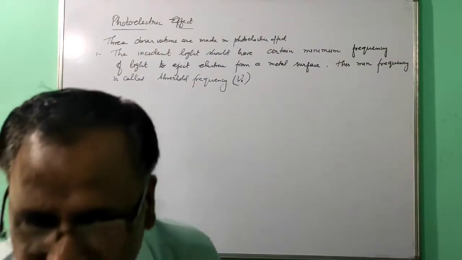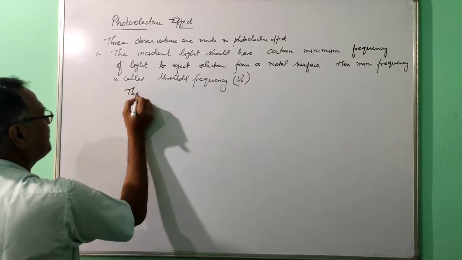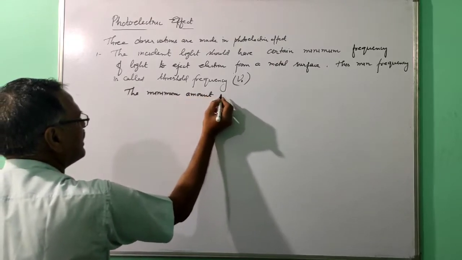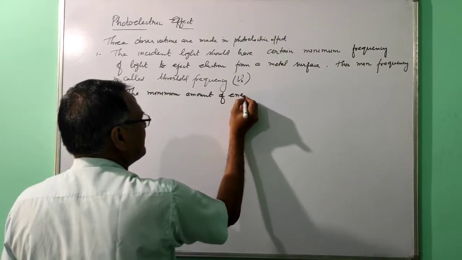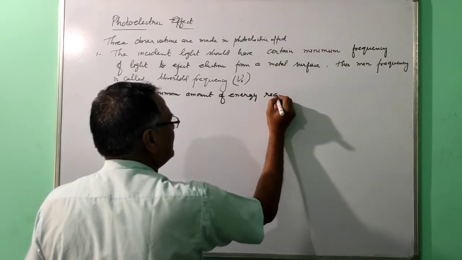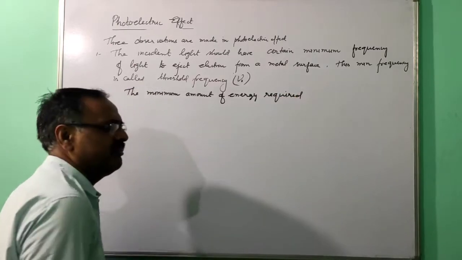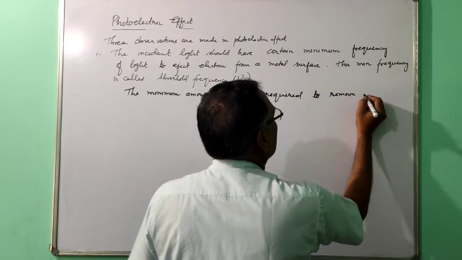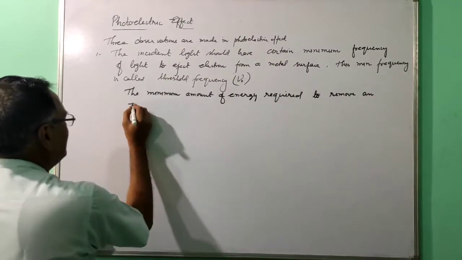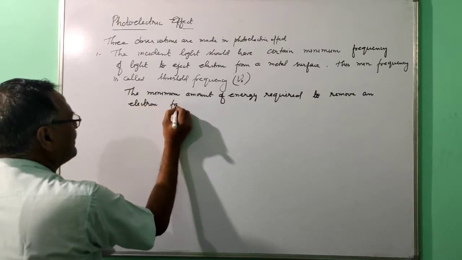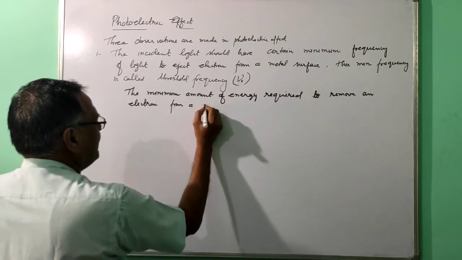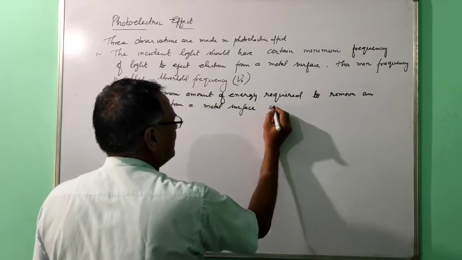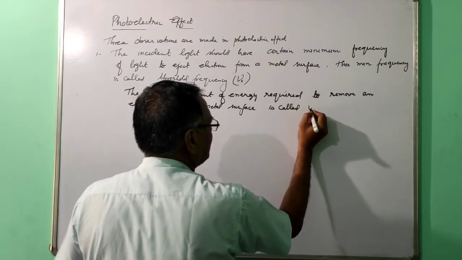Then the minimum amount of energy required to remove an electron from a metal surface is called the work function.